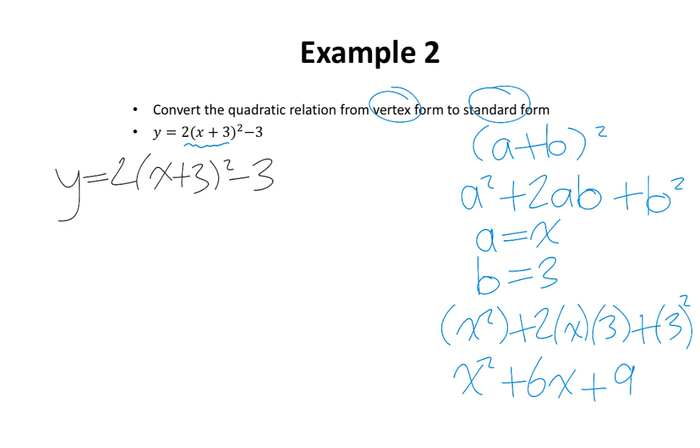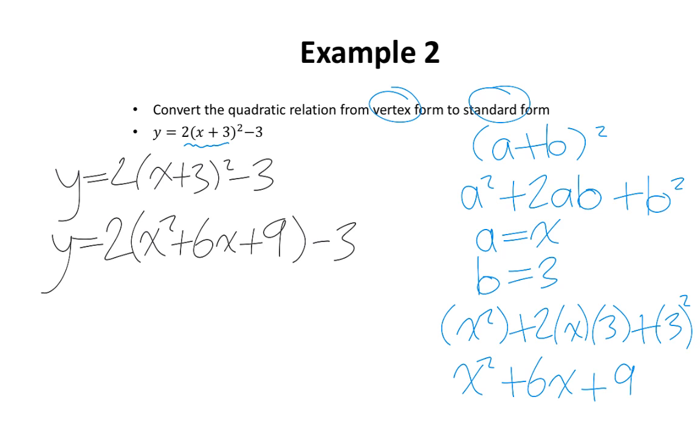Since I know what this binomial is after it is squared, I'm just going to replace it. So the 2 stays exactly the same, and everything goes into the brackets. You should notice that you have a number in front of a pair of brackets, which means you need to use the distributive property, which means everything inside the brackets is going to get multiplied by 2.